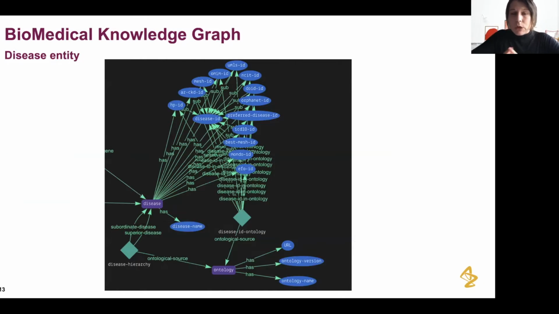So that's why we need multiple, and that's the way we are modeling. As you can see, I have the disease entity, and then I have a lot of different ontologies. All the ontologies we met trying to integrate different data sources are here, cross-referencing the same disease instance. Then I have the ontology entity, and I'm describing my ontology: URL, name, and version, because version sometimes is very important as well. And here I have finally the disease hierarchy.